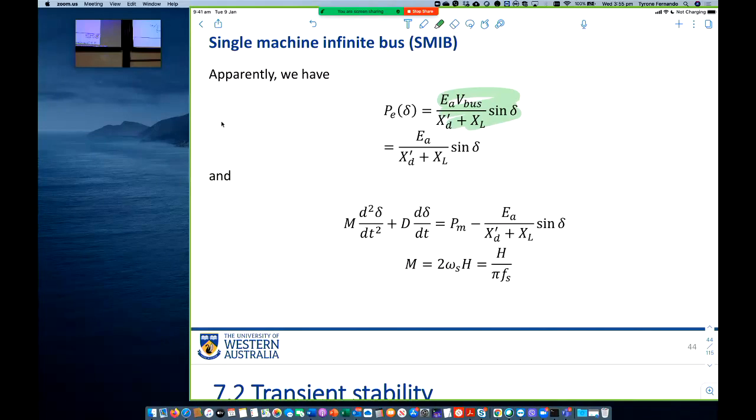So this is the electrical power, and that's the mechanical power. Now this is important. If you got this, you know what delta is, what the electrical power is, and what the mechanical power is.